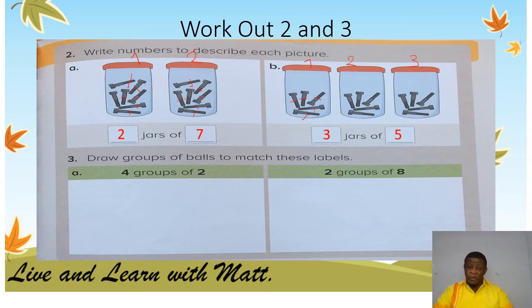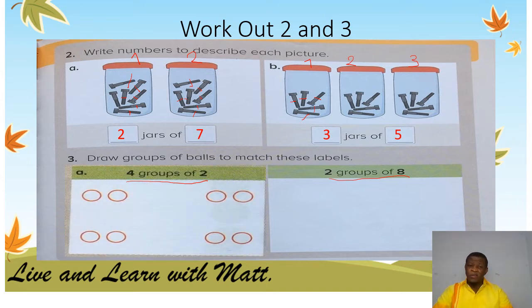Now number 3. Draw groups of balls to match these labels. So these are the labels. Part A, 4 groups of 2s. Part B, 2 groups of 8s. So let's take a look at 4 groups of 2. So we're going to draw our ball and it will look like this.